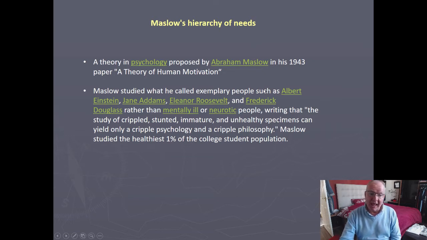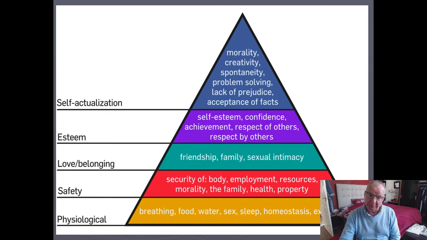Maslow studied the healthiest 1% of the college student population. So here we go. It's built like a pyramid, a hierarchy of needs, and we can see from the bottom here, we look at basic needs.